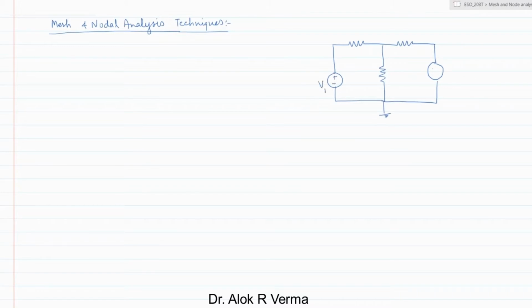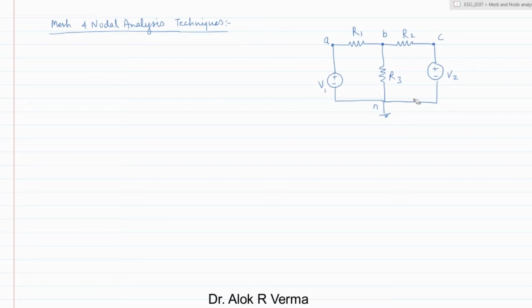Suppose this is P1, R1, R2, P2 and R3. So in this particular circuit which we have assumed, if we find out the total number of nodes, suppose the reference node is N, then another node is A, then another element, then this node is B, and this node is C, and then it is coming here.